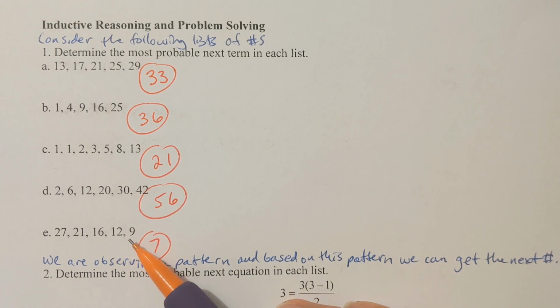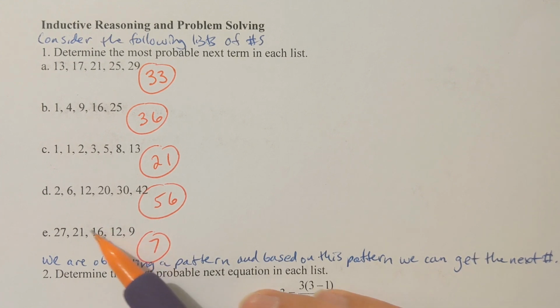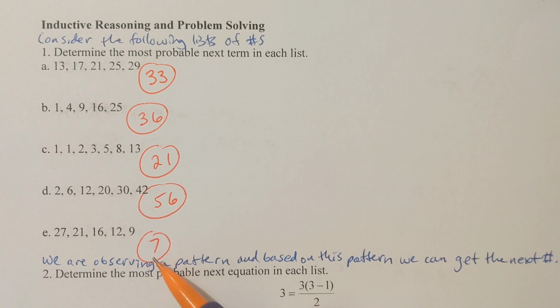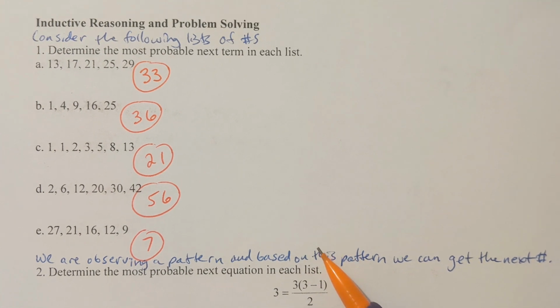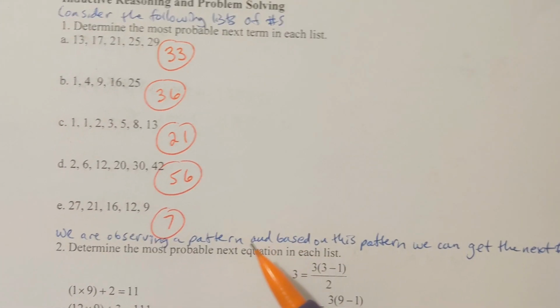It looks like I'm just decreasing the increment by 1 each time. So I just had an increment of 3. What if I had an increment of 2? I'm subtracting, of course, so 9 minus 2 would give me 7. So I'm observing a pattern, and based on the pattern, I can predict what the next most probable number is.